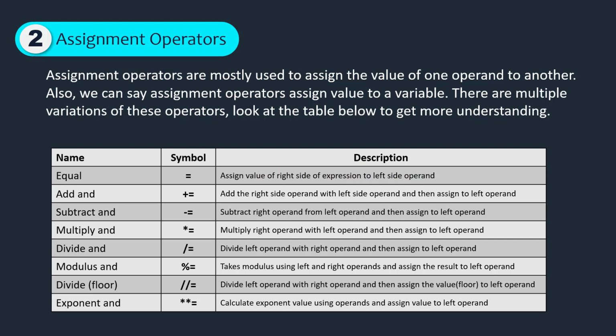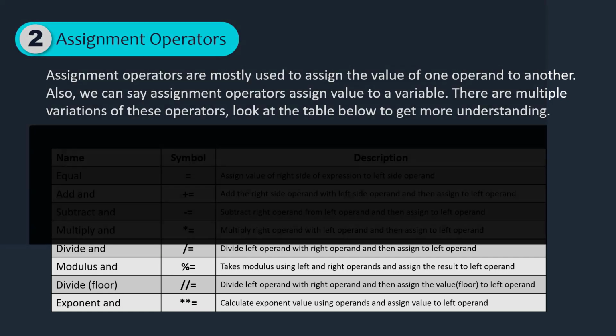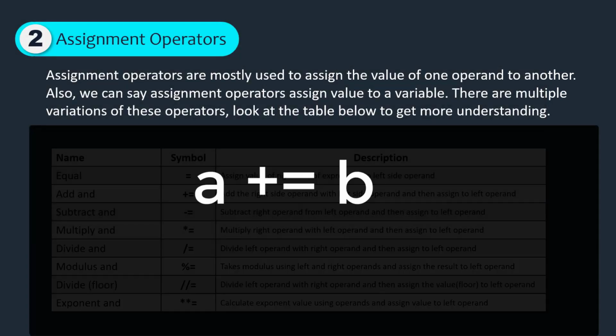You will understand it through an example. Equal is clear, right? The second one is plus equal to. For example, if I write a plus equal to b, that means a equal to a plus b, so b will be added to a and the result will be stored in a.